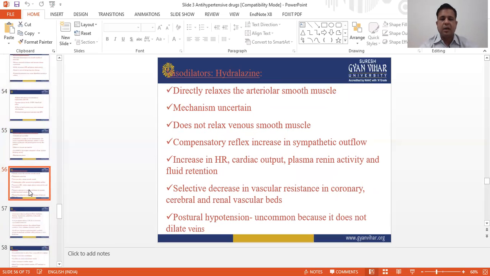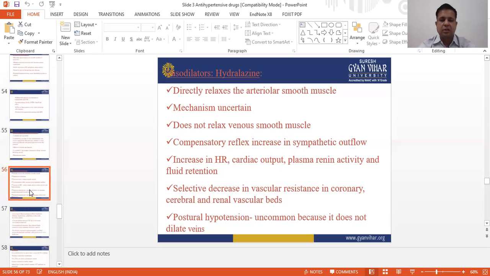Vasodilators, that is hydralazine, directly relax the arteriolar smooth muscle. Mechanism is uncertain. It does not relax venous smooth muscle. Compensatory reflex increase in sympathetic outflow, increase in heart rate, cardiac output, plasma renin activity, and fluid retention.